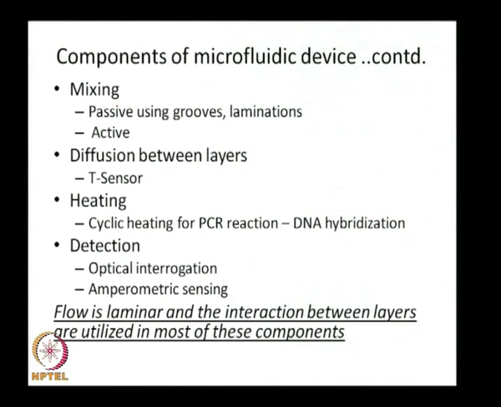You will have laminar flow, there will not be any turbulent flow inside the channel, and laminar flow means one layer is sliding against the other, and the diffusion between the layers you will try to utilize in many of these operations.